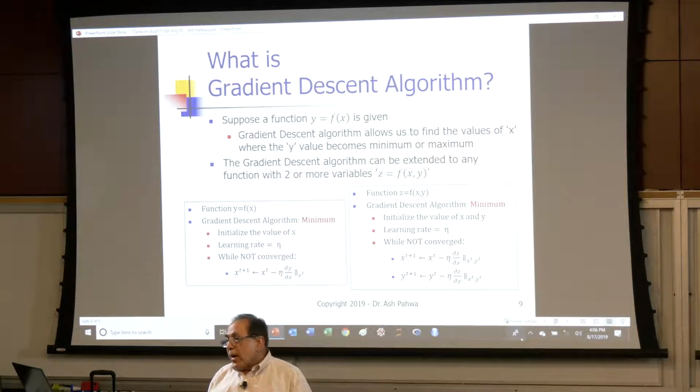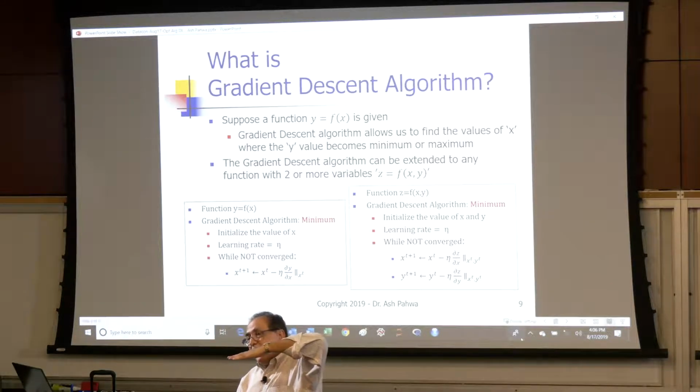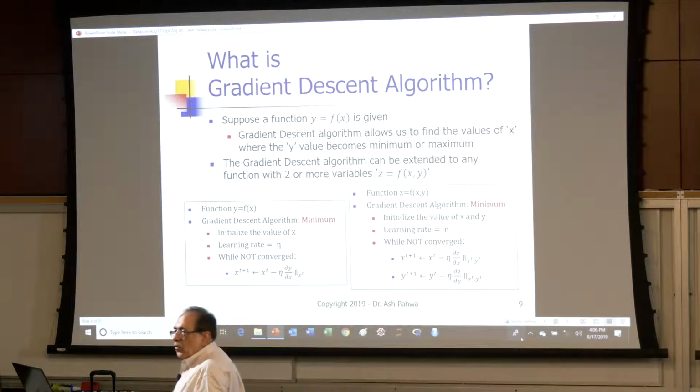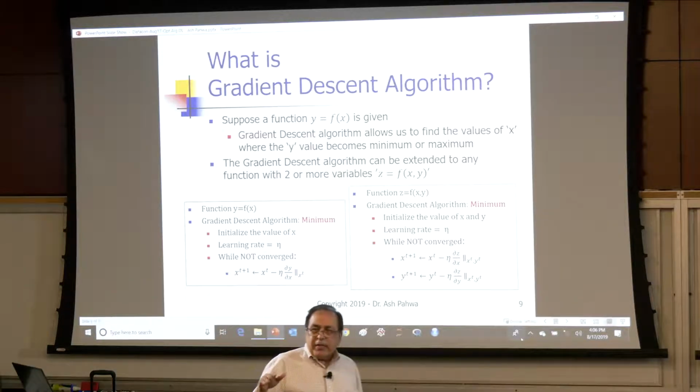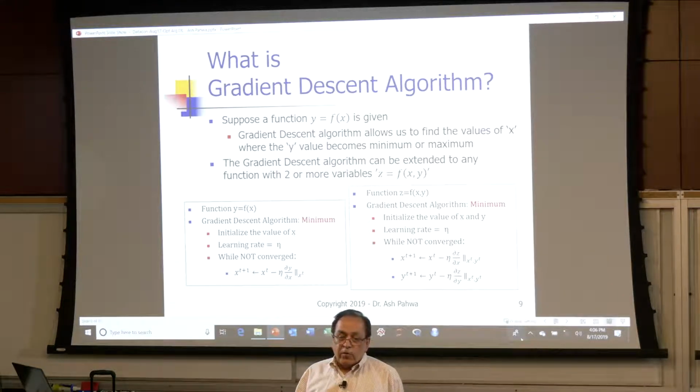Or suppose my slope is very, very small, very, very gentle. In that case again we have a problem. Even if I can find some slope, it is going to take an enormous amount of time to converge.